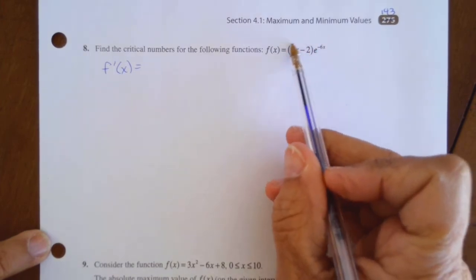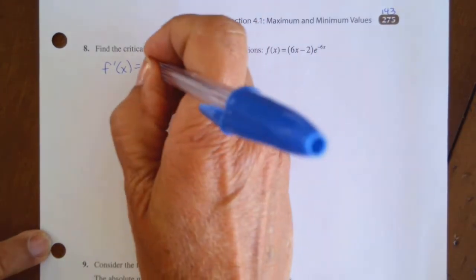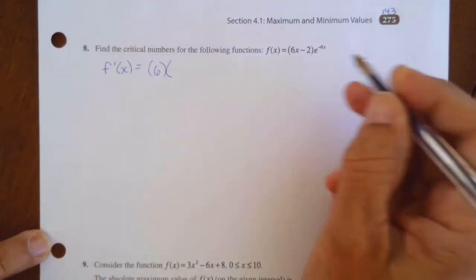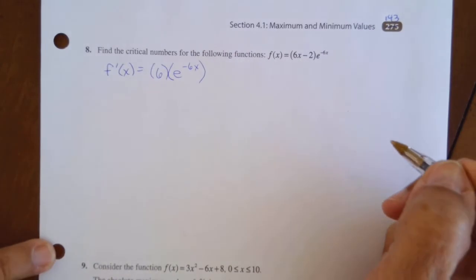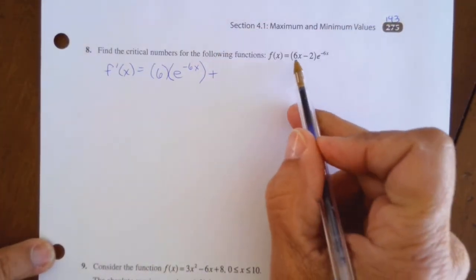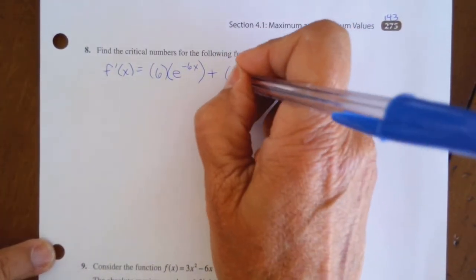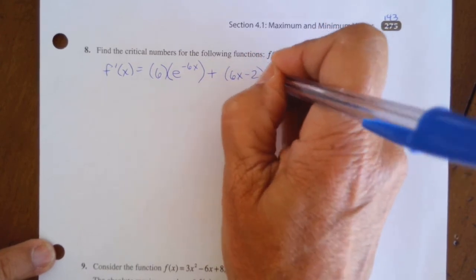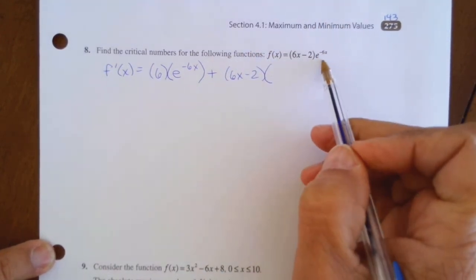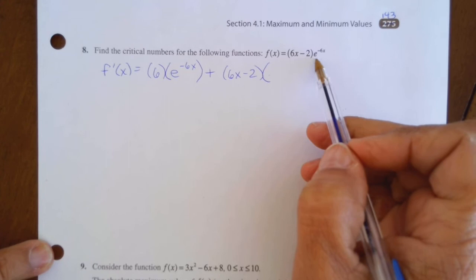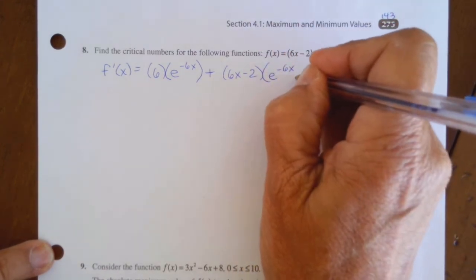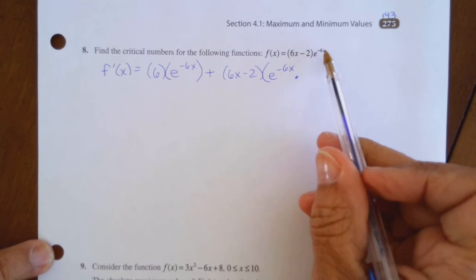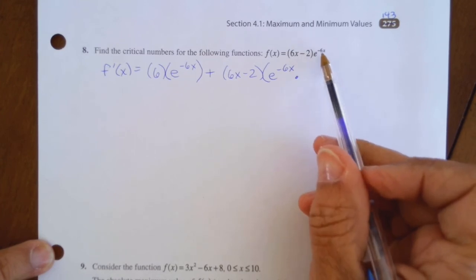So we're going to start with the derivative of 6x minus 2, which is 6, times the second function, e to the negative 6x, plus the first function, 6x minus 2, times the derivative of e to the negative 6x. The derivative of e to the anything, remember, is e to the anything, times the derivative of the exponent, and the derivative of the exponent would be negative 6.